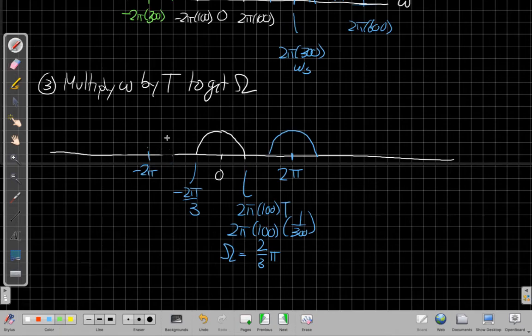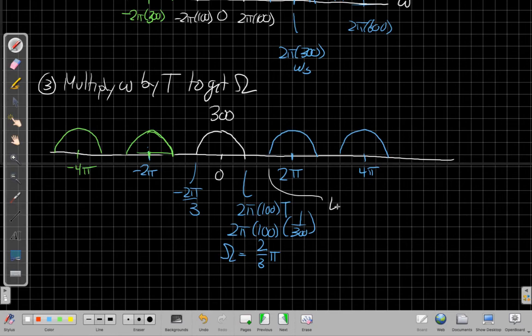But we see that by multiplying by T, we're guaranteed to meet one of the rules: every discrete time Fourier transform has to repeat every 2 pi, and so the sampling has made this repeat every 2 pi. This next copy up here will now be at 4 pi, another one over here at minus 4 pi, and so on. They're all still with height 300. So this will be what my spectrum looks like.